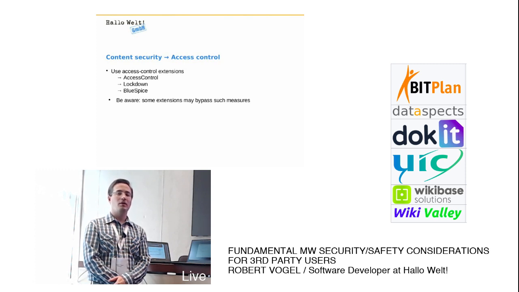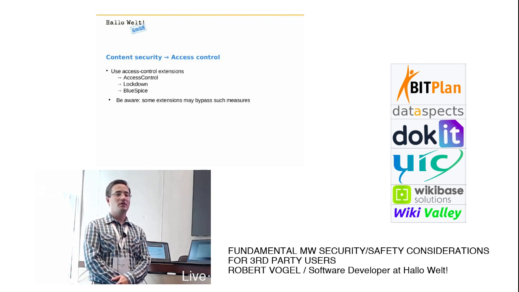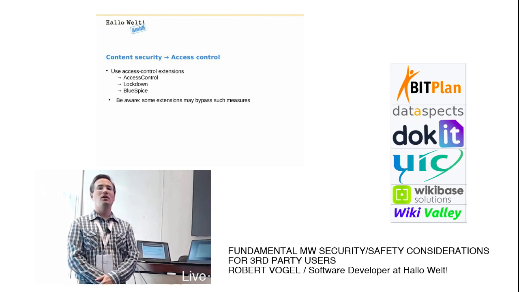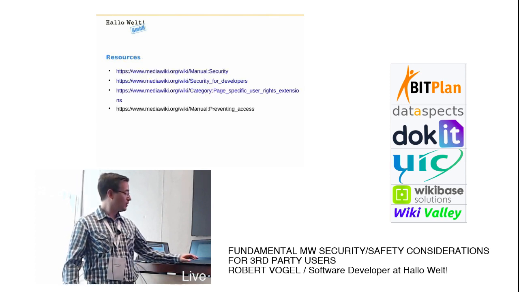If you have access control functionality enabled, be aware that some extensions might not respect it and just bypass it. In that case, you need to find another kind of setup and maybe move that content into a separate wiki instance and secure it in another way.